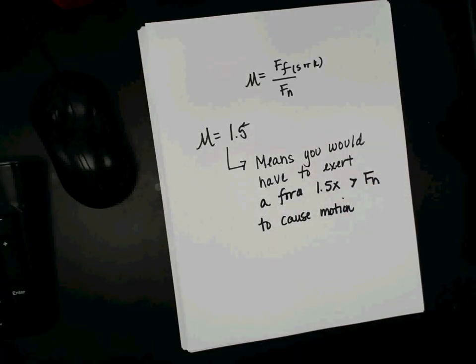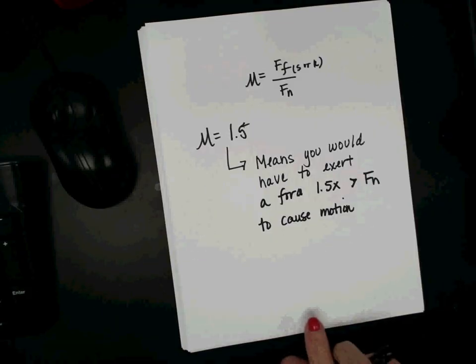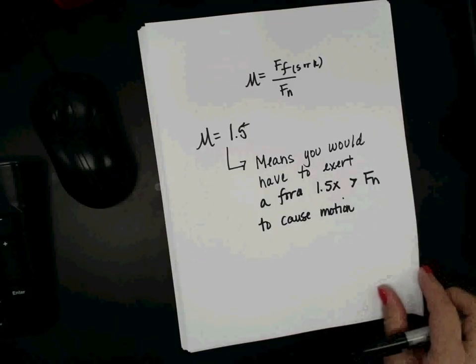That's some pretty high friction. The lower the value of mu, the lower the friction. The higher the value of mu, the higher the friction.